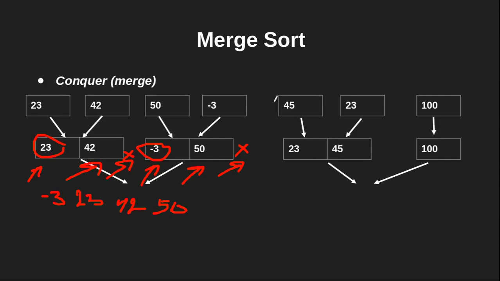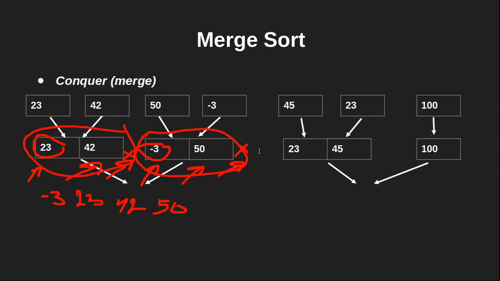Since I will be modifying the original array, I might end up losing some data. So that's why I will copy the range into two arrays. This one is the right array, and this one is the left array, right? So I should be copying these two into temporary arrays.